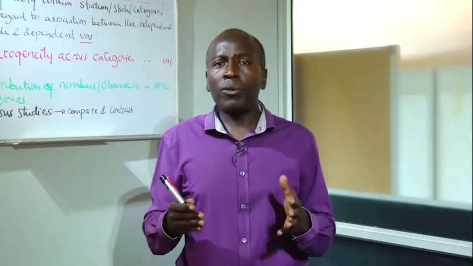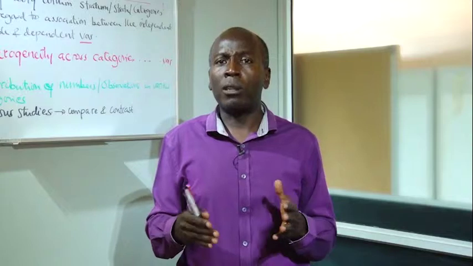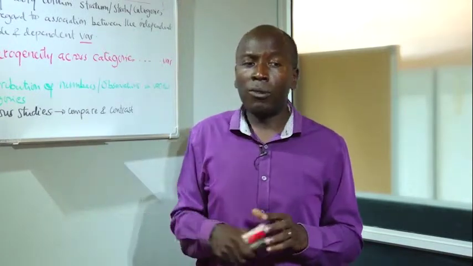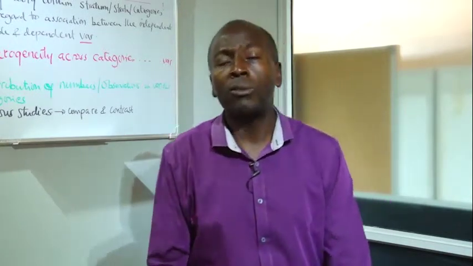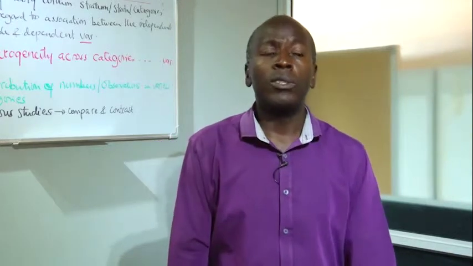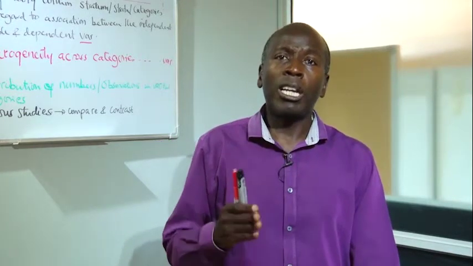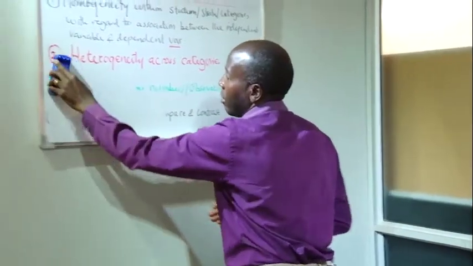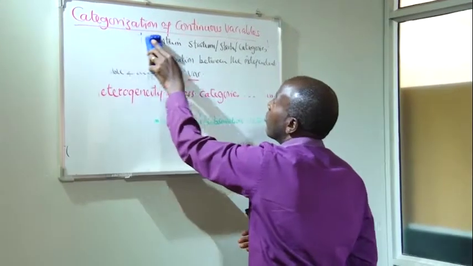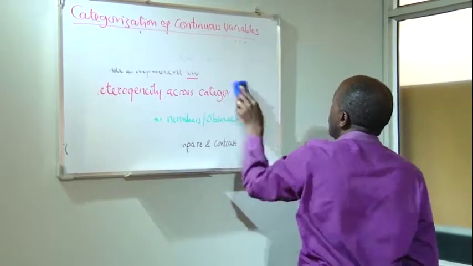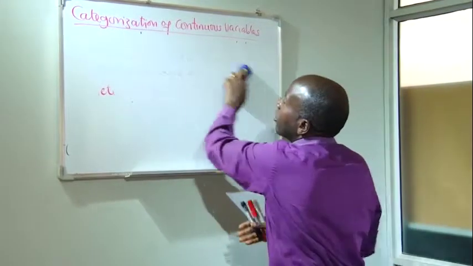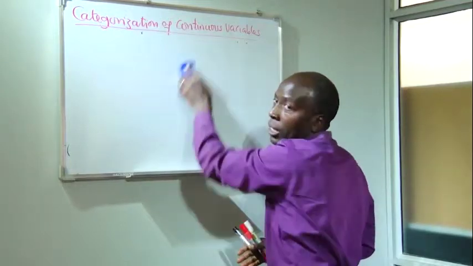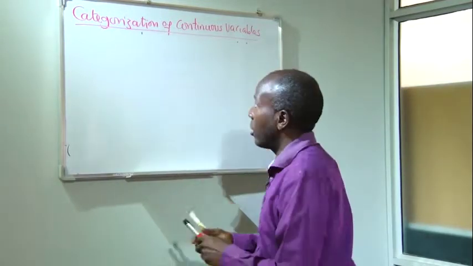Now, the thing we've got to be careful about in making categories out of a continuous variable is making sure the categories are mutually exclusive. It's a very important thing. When you make categories of a continuous variable, please ensure that the categories are mutually exclusive.